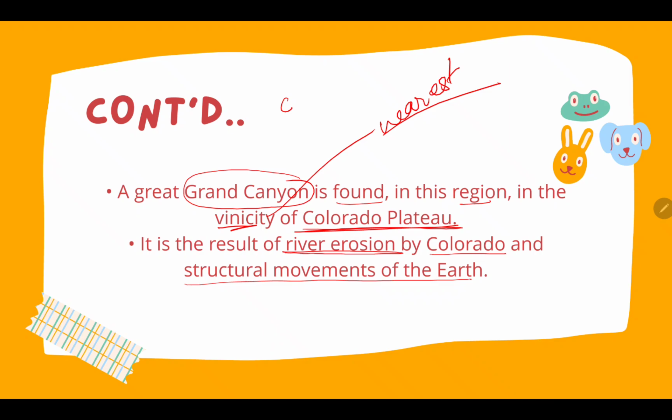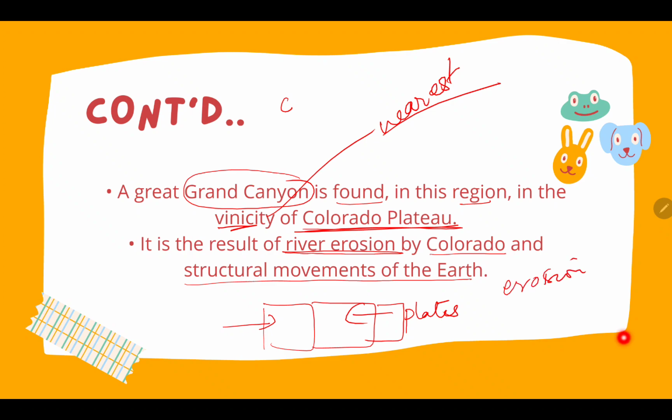In my first class in geography, I have talked about the movements of plates, earth's plates. These movements can also be called the structural movement, with the help of erosion, earthquake, etc. So this great canyon is the result of river erosion by Colorado and structural movements of the earth.